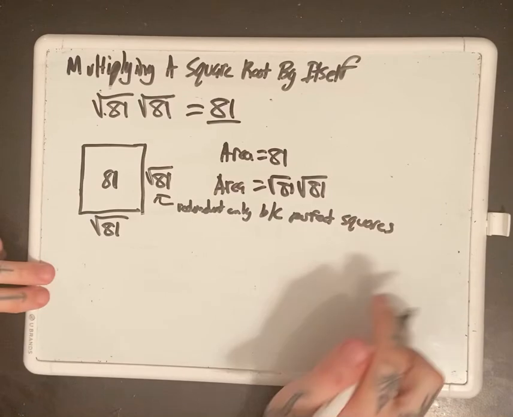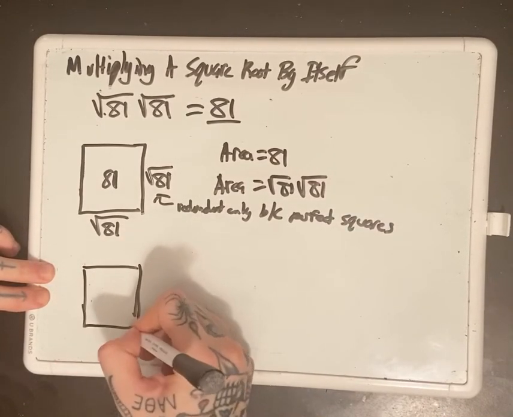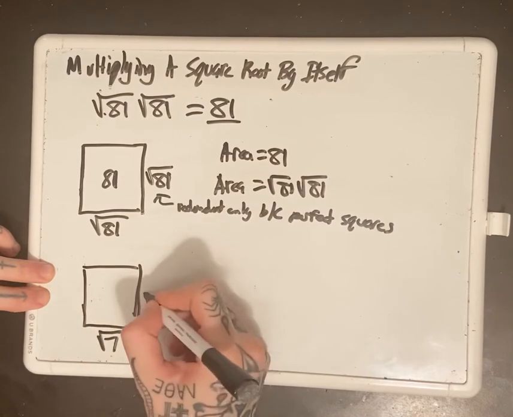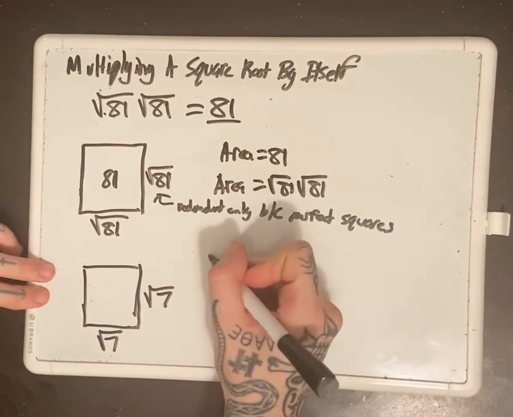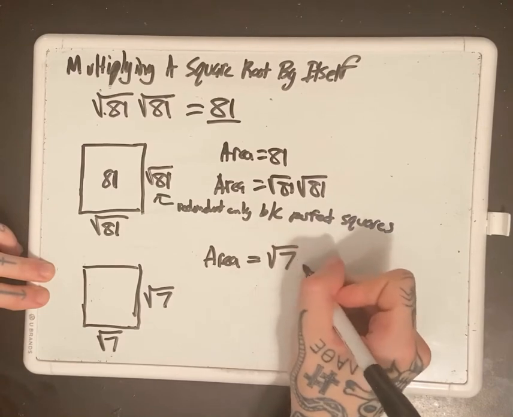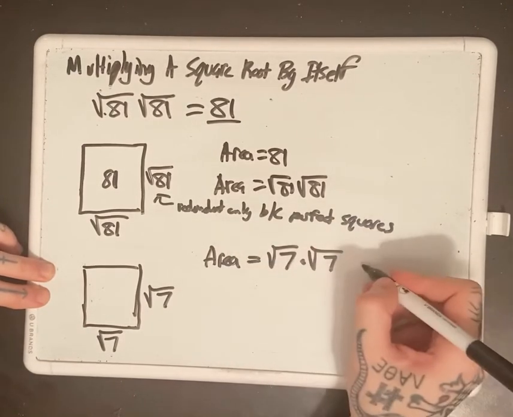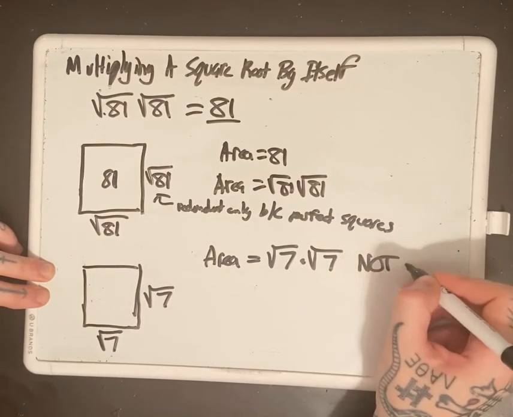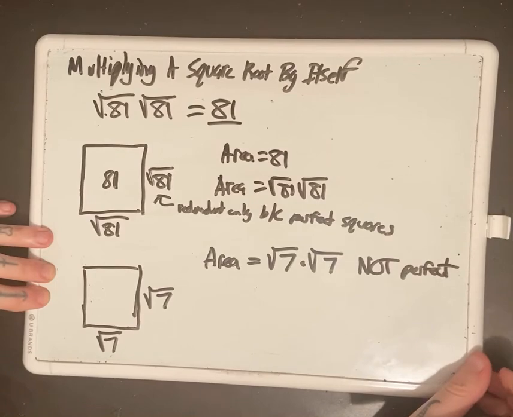So what if I gave you an example where they're not perfect squares? Square root of 7 times square root of 7. How would we get the area? We can't simplify because they're not perfect.